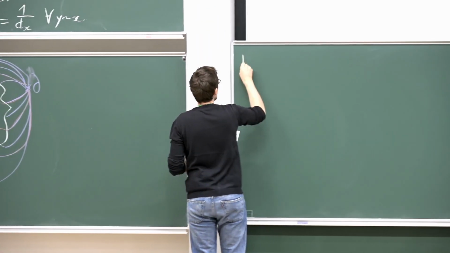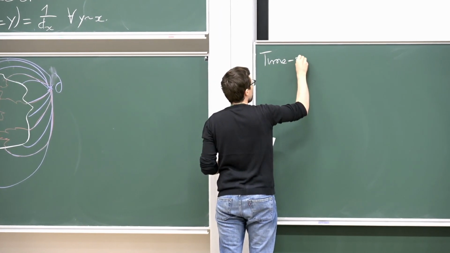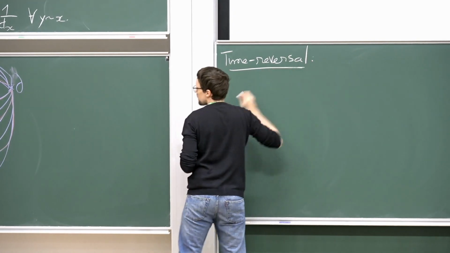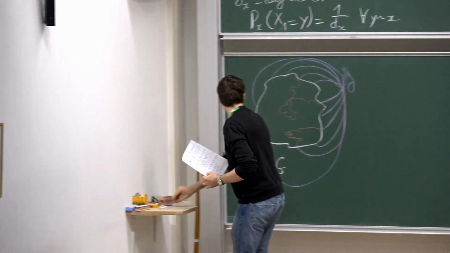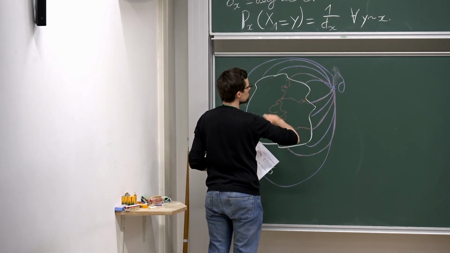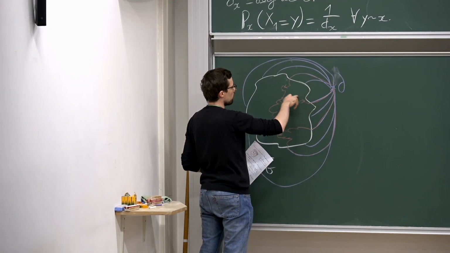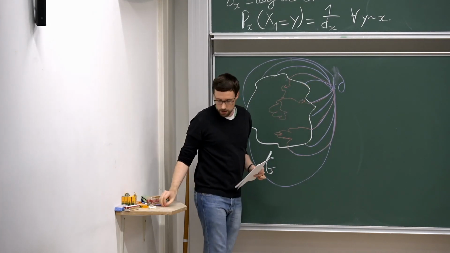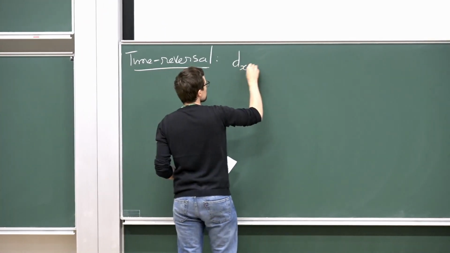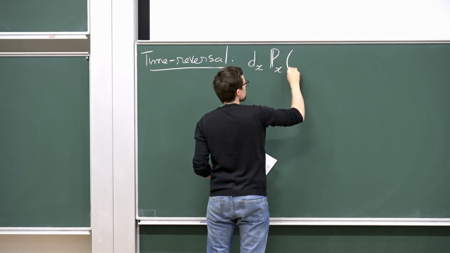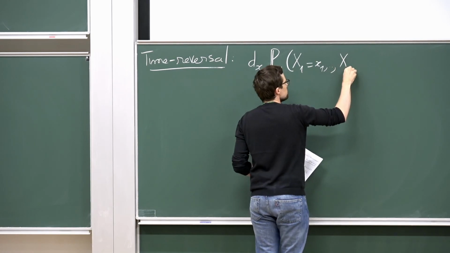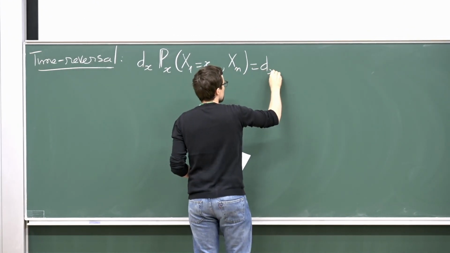And then time reversal. The question is, how can I compare the probability that my random walk goes forward as it was doing in this direction, and then the reverse path, that is, I start from here and I follow this path instead. If you just look at a simple event, let's say you start in x, and then you go to x_1 and so on, you end up in x_n.